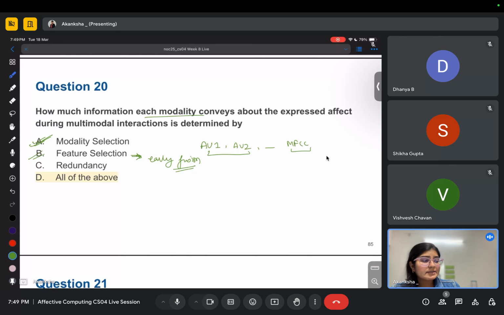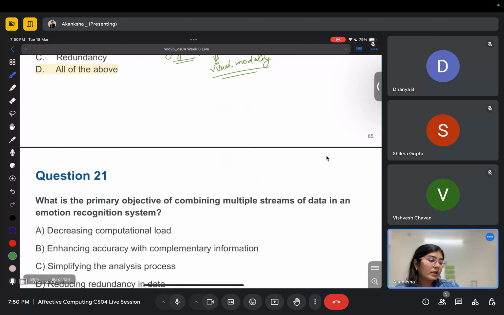And if you trace back which feature is contributing the most to your decision, and you figure out that it is an AU feature, that means the visual modality is more important. We can reach this conclusion. So the visual modality is the more dominating one, and it decides the final label.